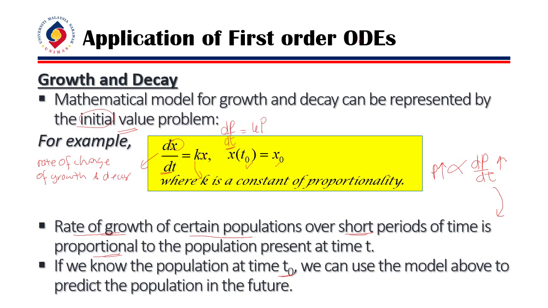So for example, a rabbit. In 2020, this rabbit has, let's say, five babies, and then in 2025, within the 5 year time frame, we can predict how much this rabbit can produce every year, how the population of this rabbit grows.